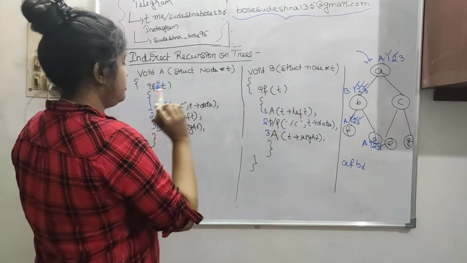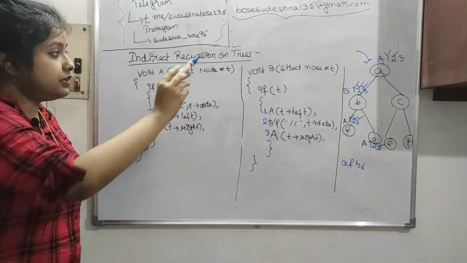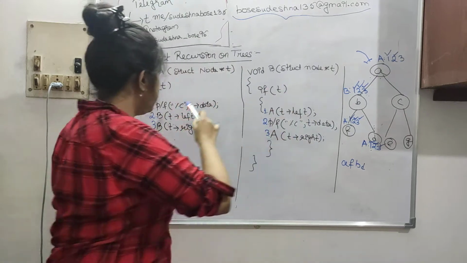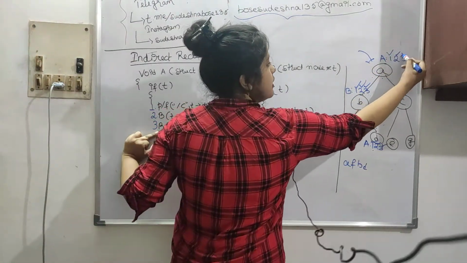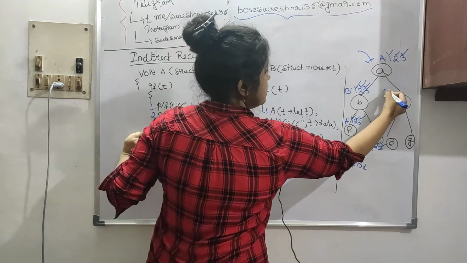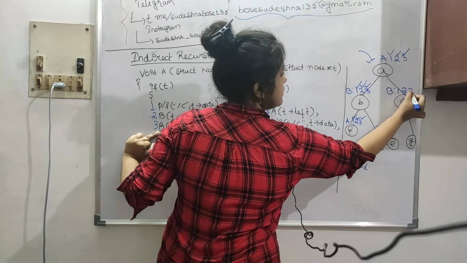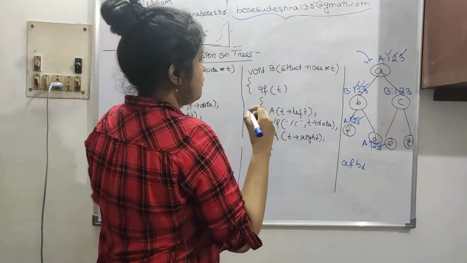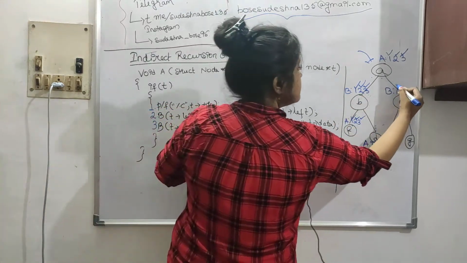A of 3 means we have to call B T arrow right. So here it is done. B, 1, 2 and 3. B of 1 means we have to do A of T arrow left.